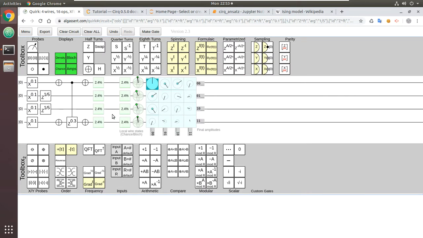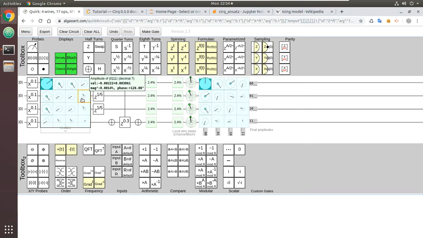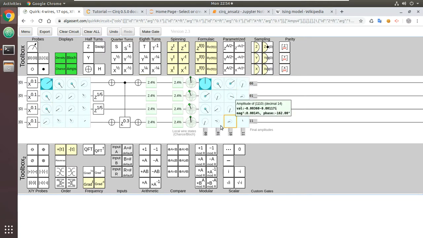Nothing changes. Nothing changes. And if I take a look at the amplitude display here, you can see the changes are basically from a phase perspective.